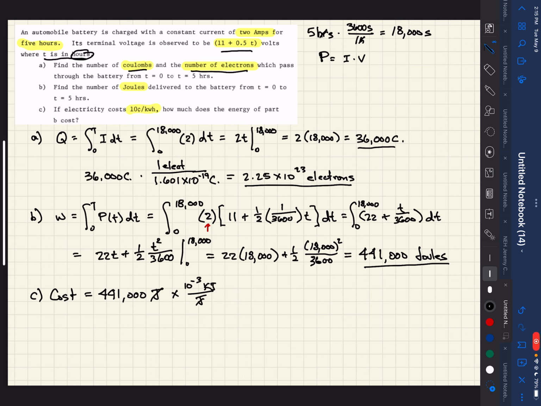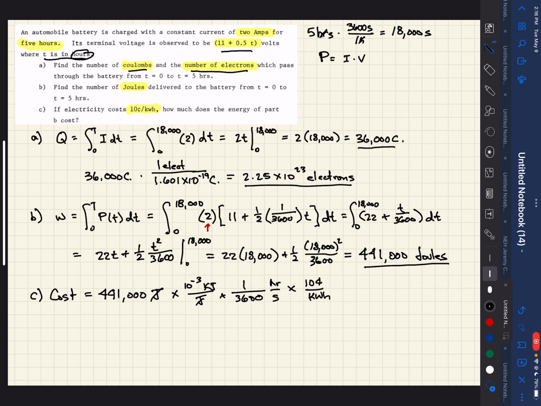So our joules cancel out. And then we need to multiply this by 1 over 3,600. Again, getting it in the right format, and that's hours per second. Again, looking at our units. And then this is going to be times 10 cents per kilowatt hour.